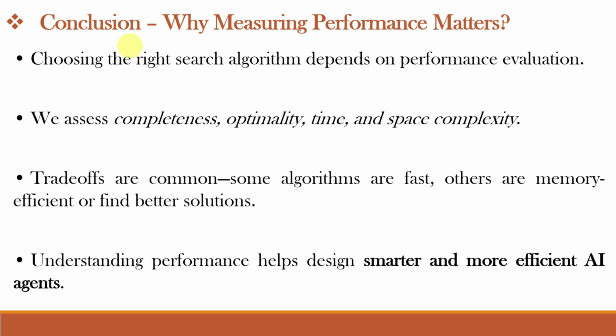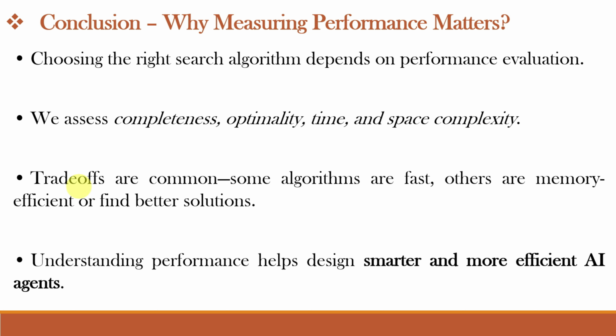Okay. So to summarize, why does measuring performance matter? Measuring the performance of search algorithms is crucial in AI to make informed choices. We use 4 main criteria, that is completeness, optimality, time and space complexity, and each helps us to judge how effective and practical an algorithm is.